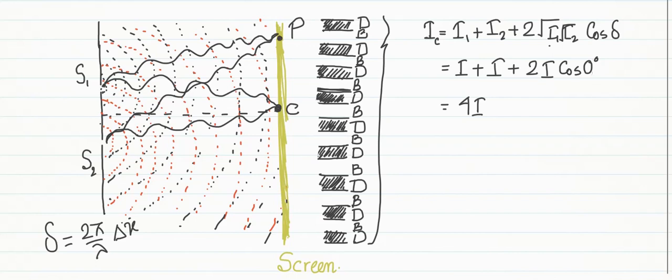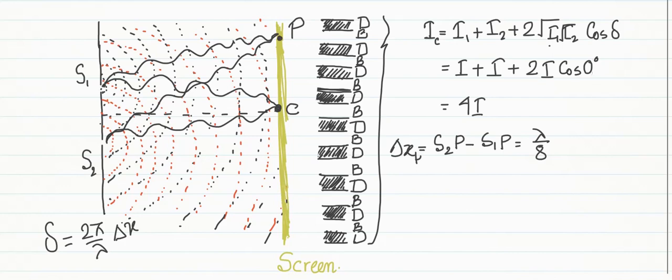That means S1P and S2P are different, and S2P is obviously greater than S1P. In that case at the point P, S2P minus S1P is lambda divided by 8 according to the question, which is the path difference at the point capital P.